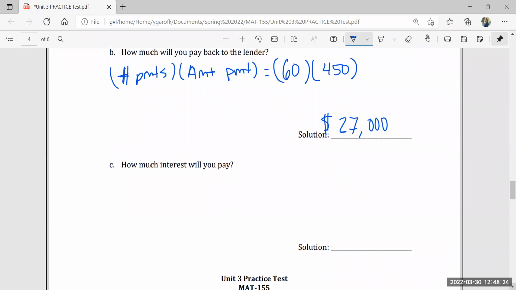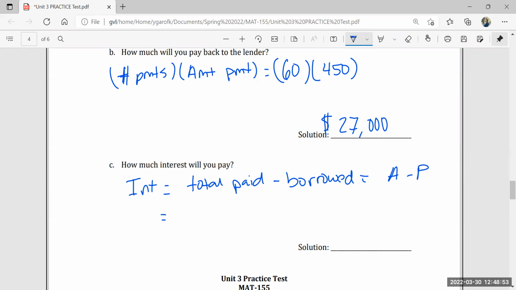How much interest did we pay? Well, your interest is going to be your total paid minus what you borrowed. Sometimes we'll see this as A minus P, the amount you paid minus the principal that you borrowed.